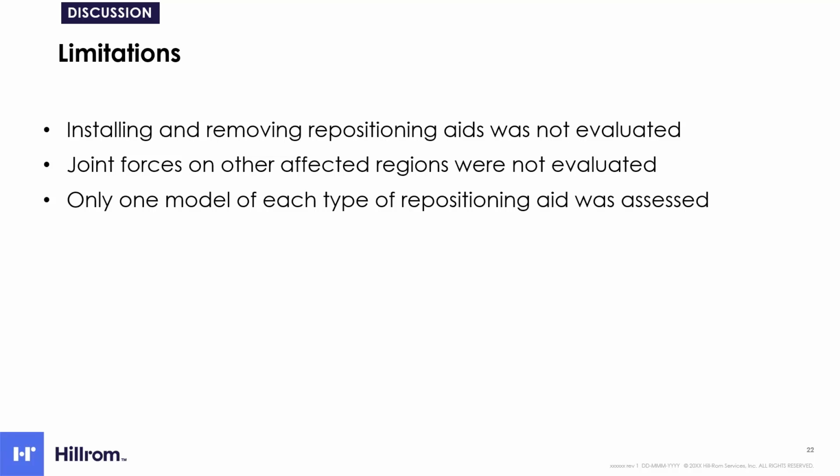For the injury threshold of the pulling force, we used the 75% female population as a criterion, which may not be conservative enough. Also, only one model of each type of repositioning aid was tested. The effects of other models may vary and should be investigated in future studies.